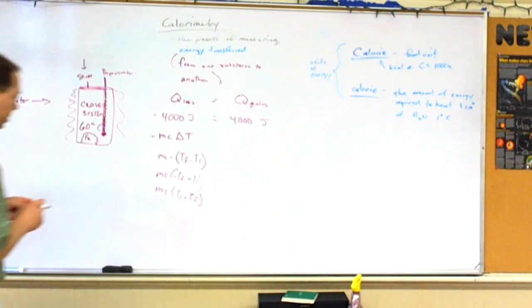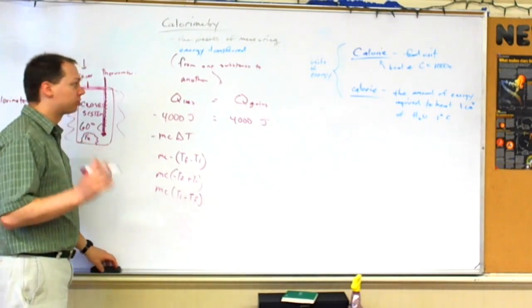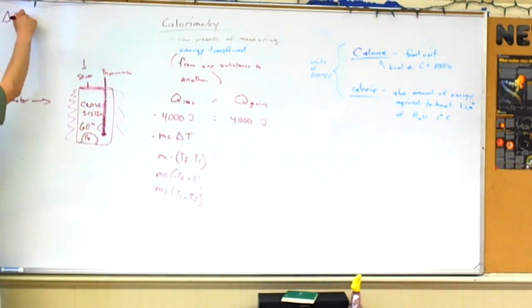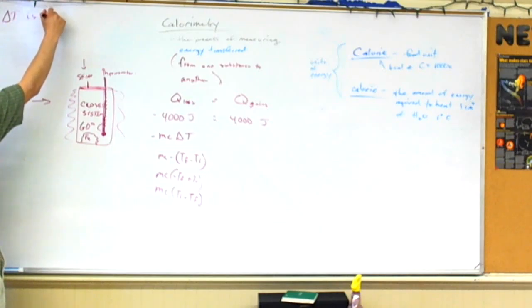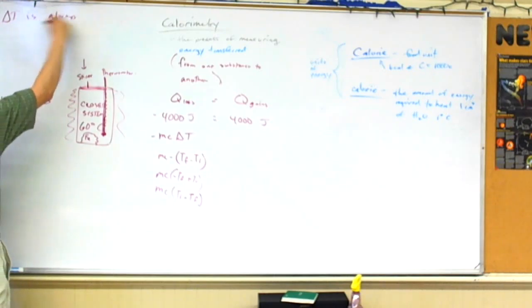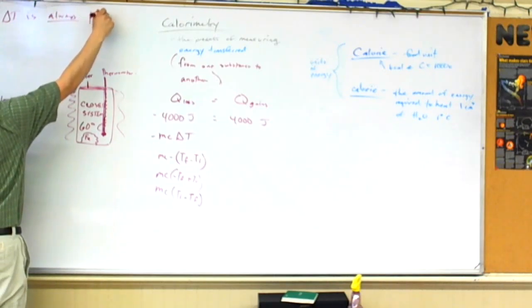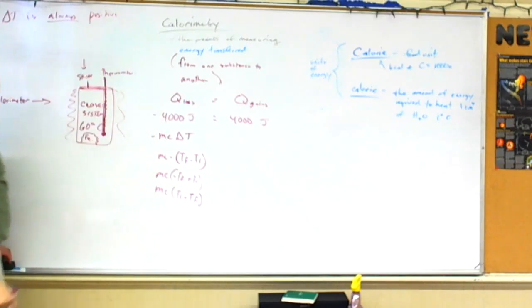So on the loss side, remember the change in T will always be positive in calorimetry. You can think of it as the absolute value of the difference in temperature. Which side will always be positive? Change in T.